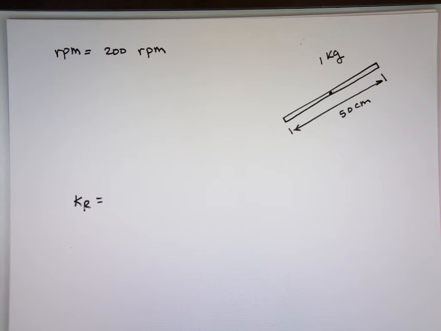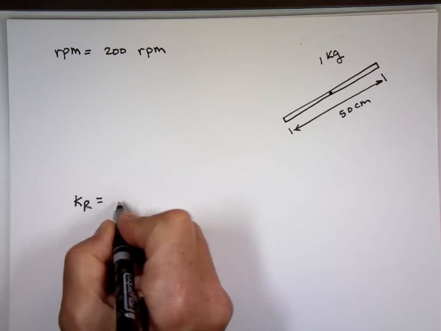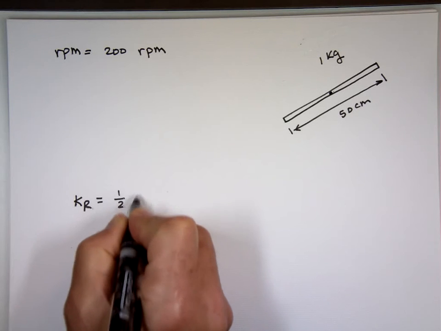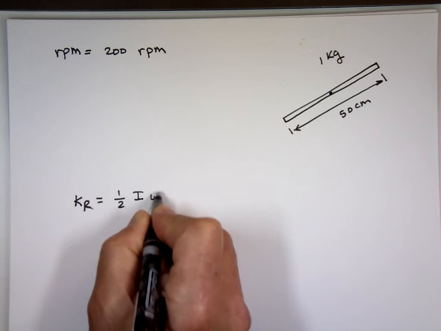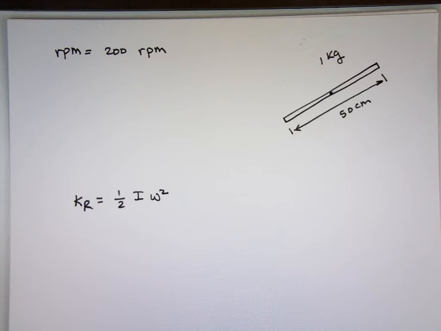It has kinetic energy. You want to know how much? Stick your finger under it and see what will happen. That's how much damage that energy will do. Or put a rock there and try to stop it. So the kinetic energy due to rotation is 1/2 I W squared. I need to know what I is and what W is.